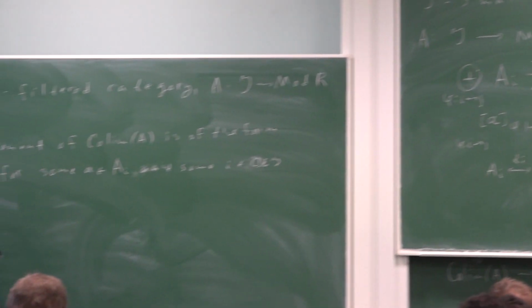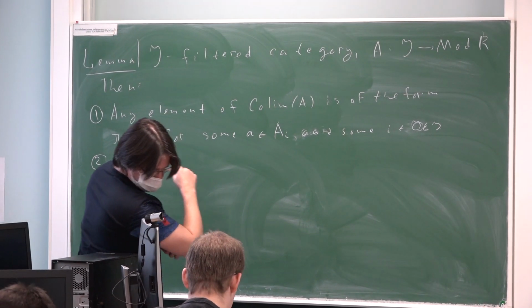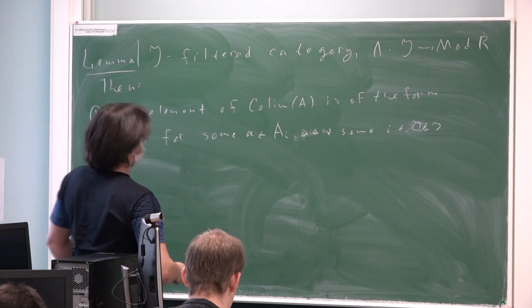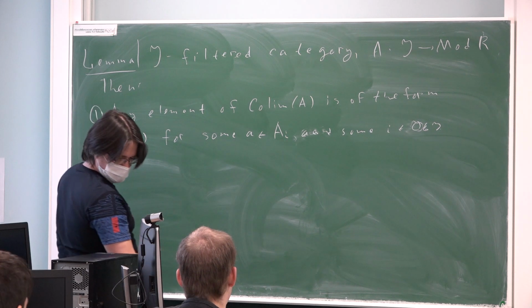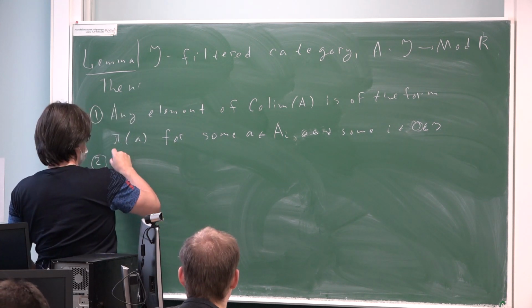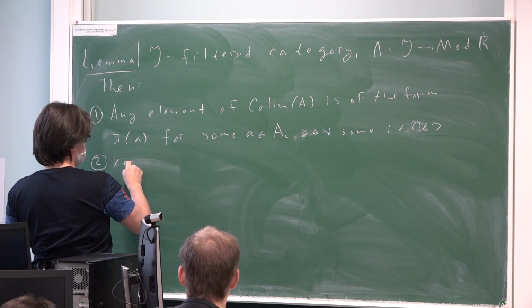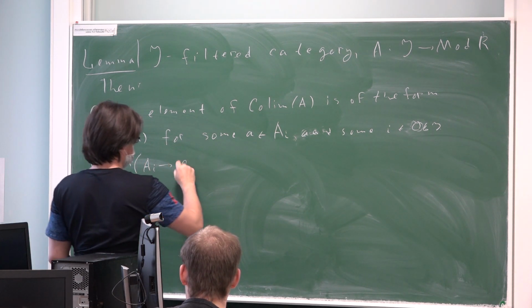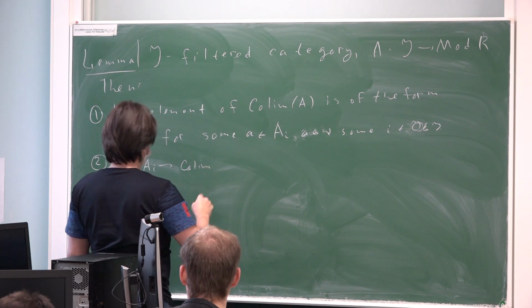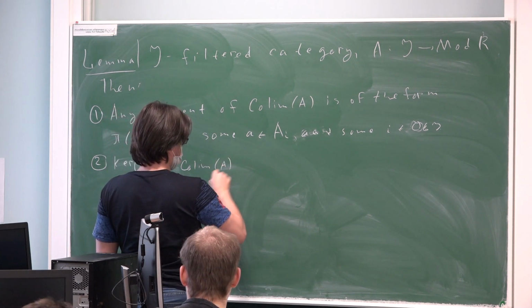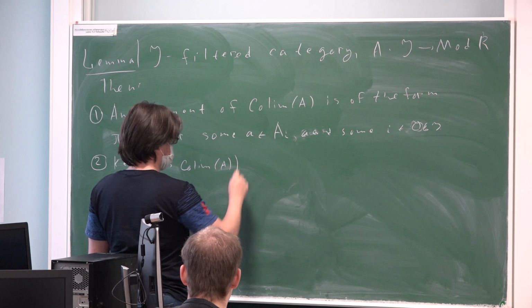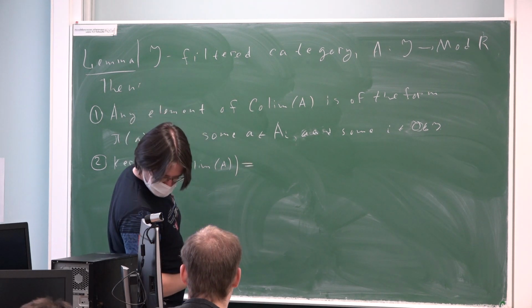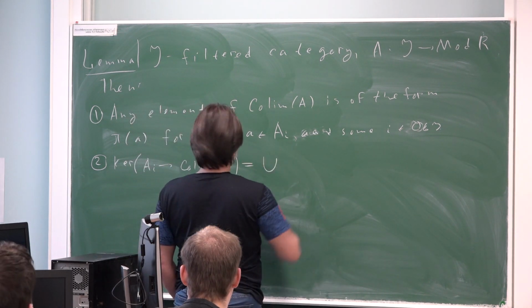And the second is that the kernel of the map from A_i to colim of A is equal to the union of kernels of A_phi.